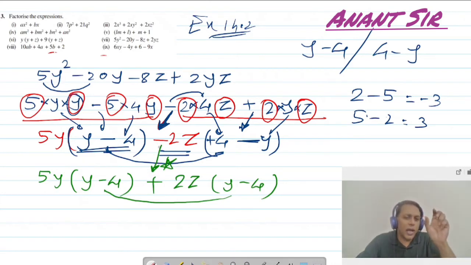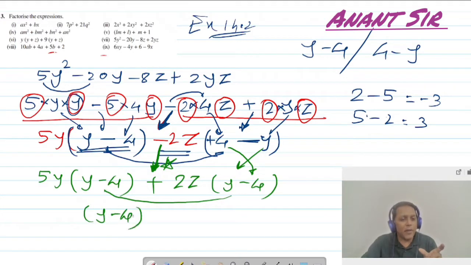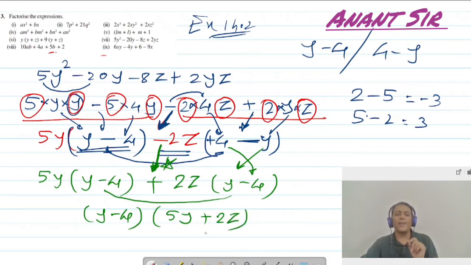Just change the sign of that term and then you can rearrange these terms. 4 minus y will become y minus 4. For doing that, you just changed the sign of this minus 2z to plus 2z. Now you have both the brackets the same. So write that bracket once and write the other two numbers in the second bracket. So this is our final answer.